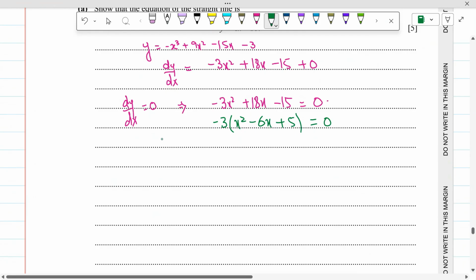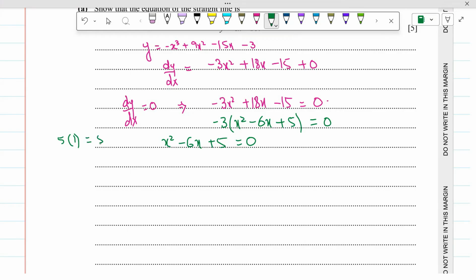So we have the quadratic equation x squared minus 6x plus 5 equal to 0. This can be solved by factorization. For example, 5 times 1 is equal to 5, and negative 5 times negative 1 is also equal to 5. When we add negative 5 plus negative 1, we will have negative 6.